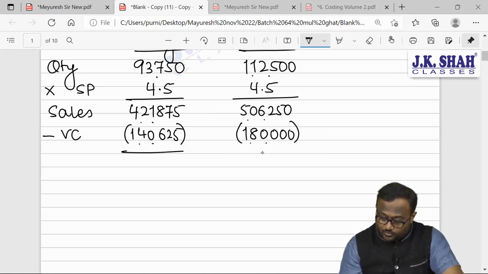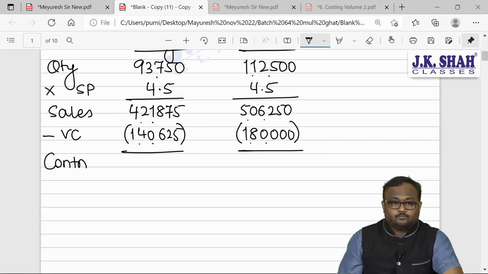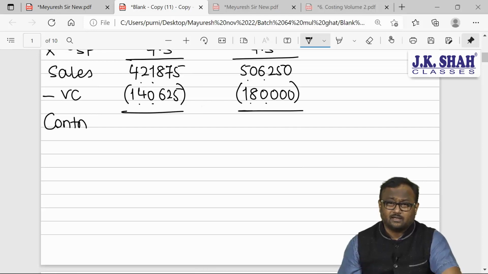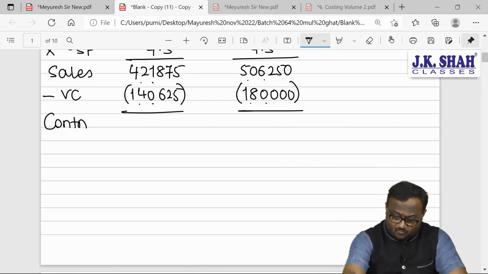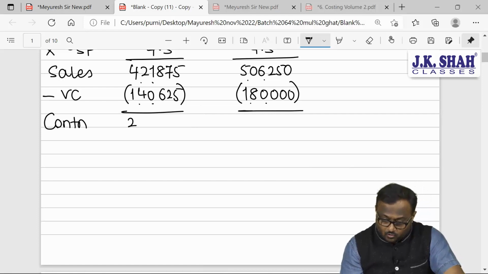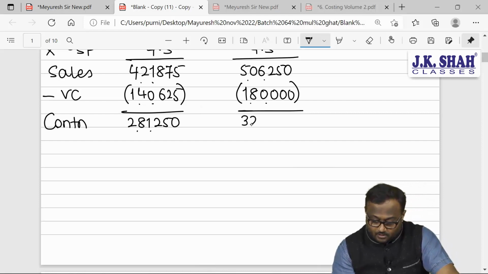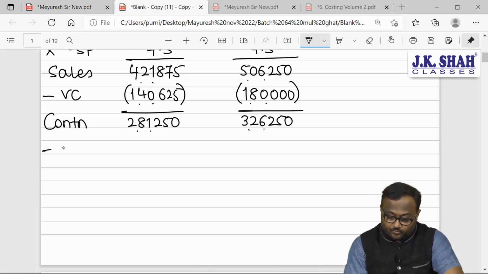Now guys, in this question we do not have detailed information about absorption rates and all that. So we can use marginal costing as a technique. 1,40,000 is my variable cost against 421,875. 2,81,250 is my contribution. 3,26,250 is actual contribution.